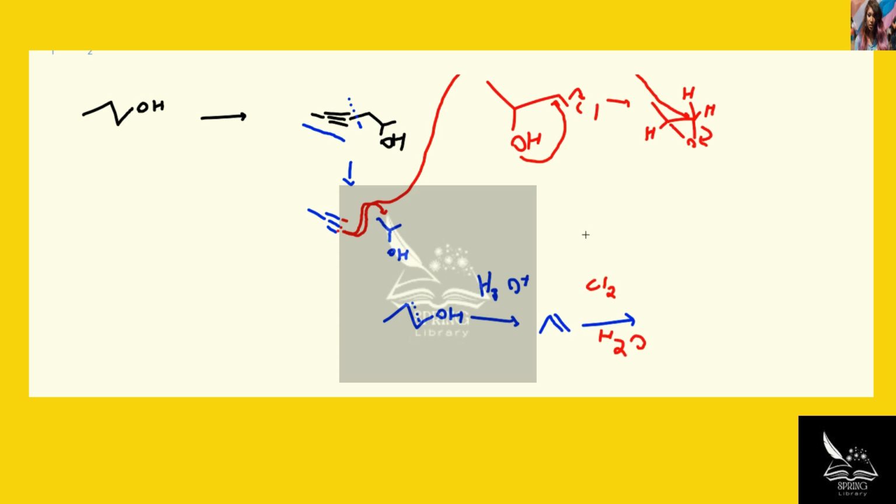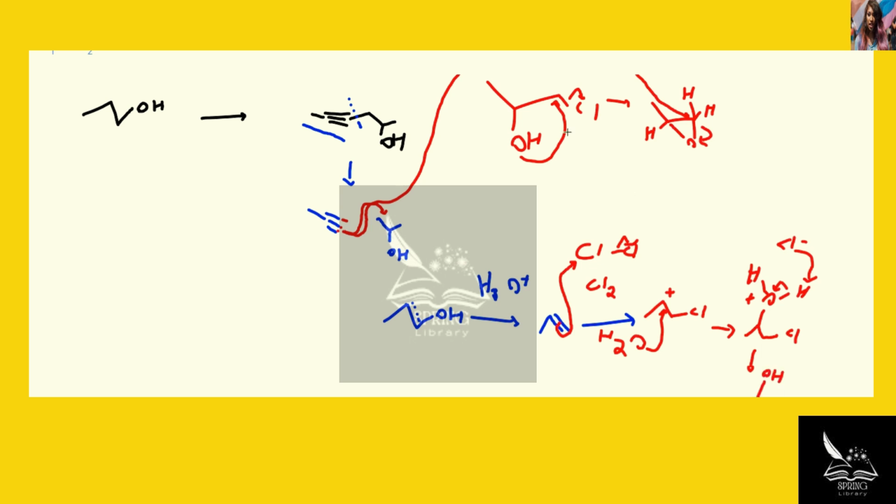You would get some sort of Markovnikov's addition with the chlorine being added to the least sterically hindered side. And then you have a secondary carbocation, which water can neutralize. Then you have something like this, protonated water, but then you also have Cl-, which can pick up one of these protons to neutralize your water. And this is exactly what I needed here.